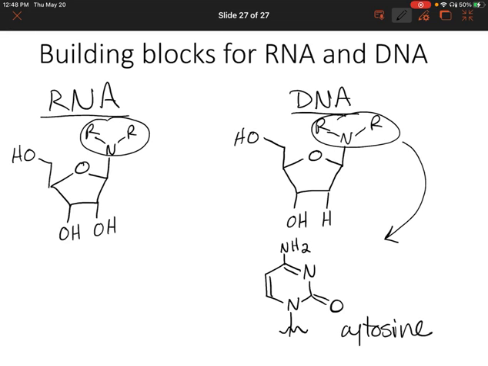All right, so again, I'm not going to test you too much on disaccharides, polysaccharides, or the building blocks of RNA and DNA, but I just kind of wanted to show you the chemistry behind the formation of these really important molecules that really make up all of who we are. We wouldn't be here without them.